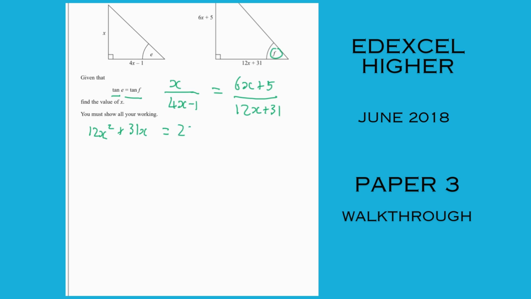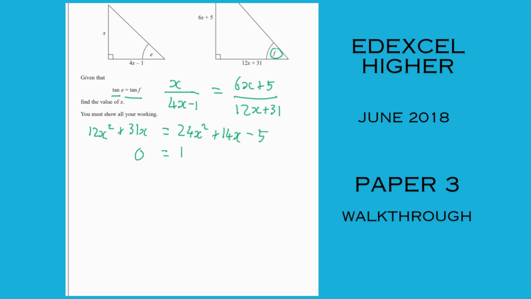So that's 24x squared. There's a minus 5 on the end, and our x terms are positive 20x, take away 6x, in other words, 14x. You've got yourselves a quadratic. Let's make it equal to 0.